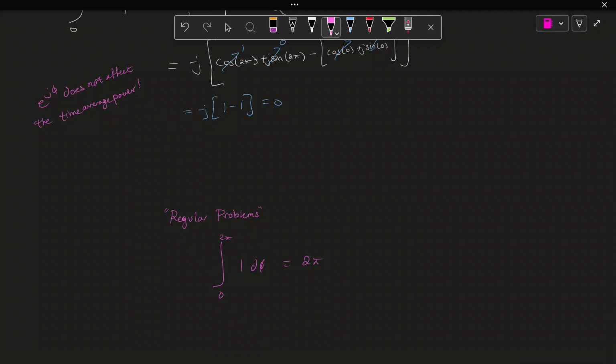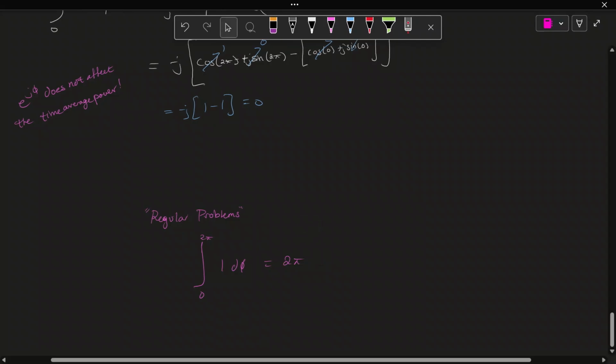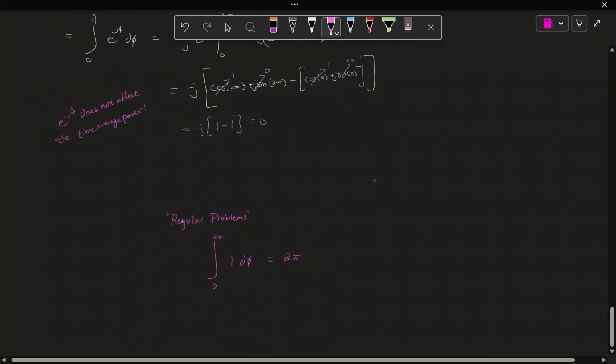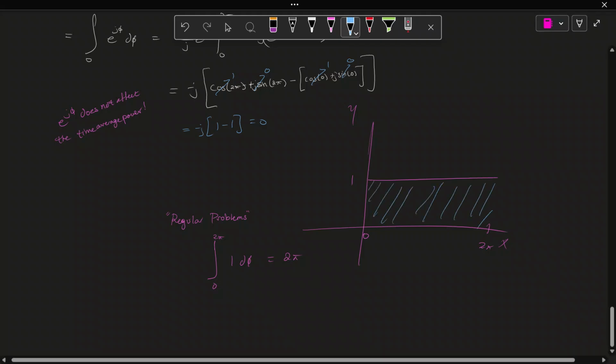It means you're taking the integral over 1. You're not taking it over a signed component. You have your x and y components, and you're taking it over 1. This is 1, and this would be 0 to 2 pi. So you're taking the area under the curve of this entire thing, and it is not time varying.